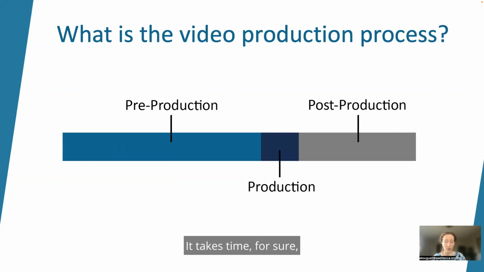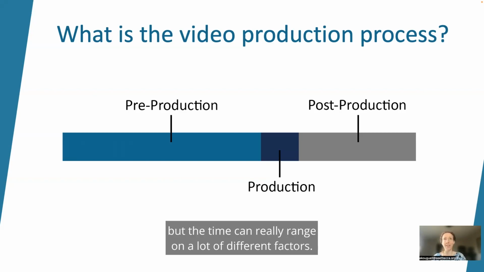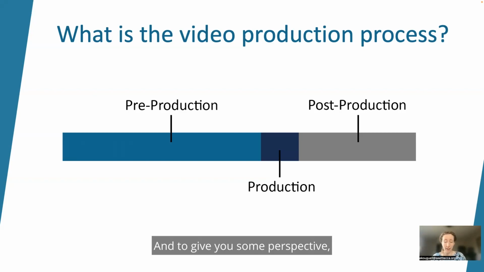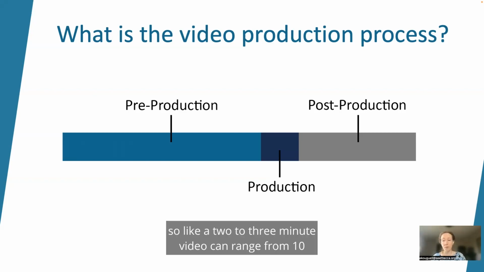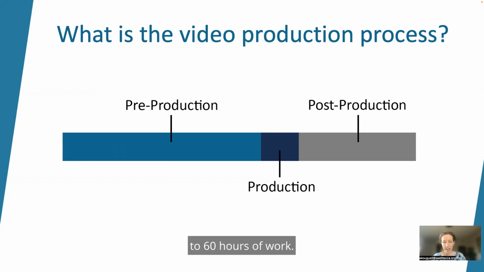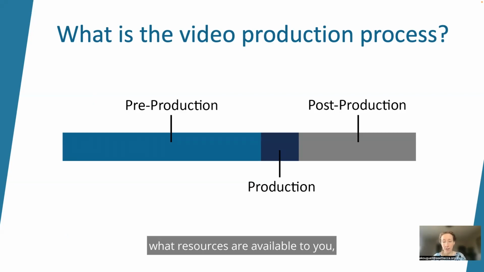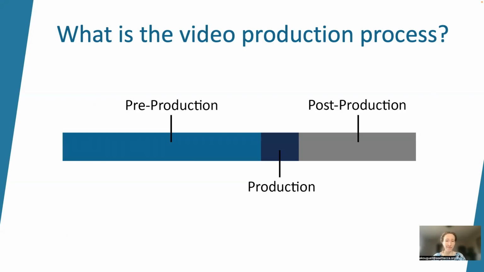It takes time for sure, but the time can really range on a lot of different factors. To give you some perspective, a 2 to 3 minute video can range from 10 to 60 hours of work. It really depends on what elements are in the video, what resources are available to you, and the general complexity of a project.